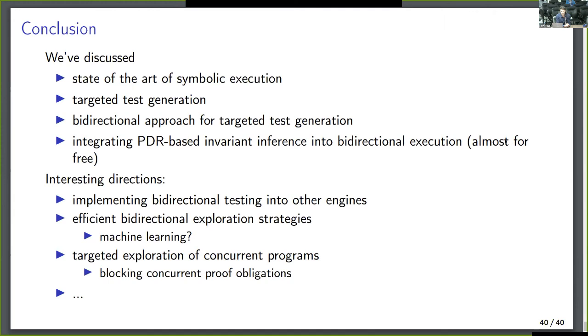We want to develop more efficient bidirectional exploration heuristics and probably even use machine learning there. It is also interesting to understand how to work with concurrency, so how to prove the unreachability of proof obligations of concurrent code more effectively than the existing engines do.